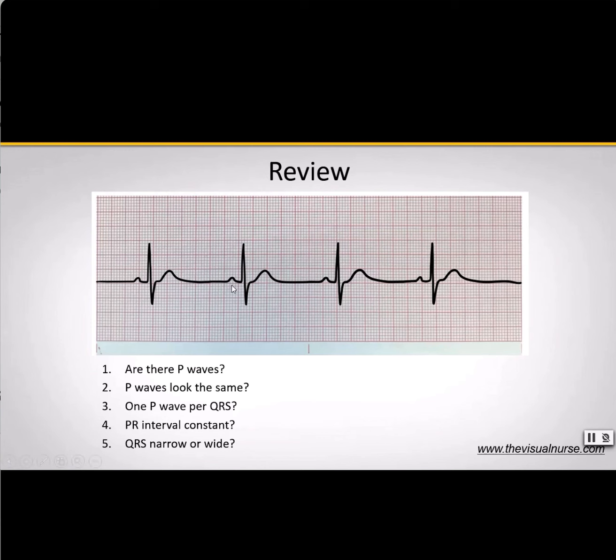Here's your ST segment here. Does it appear in line with that PR segment? Is it above the PR segment or below the PR segment? It's nice and in line. So the ST segment is okay. There's no elevation or depression. Finally, all of my T waves are nice and upright.